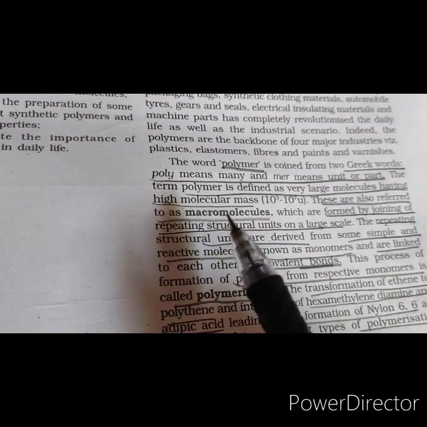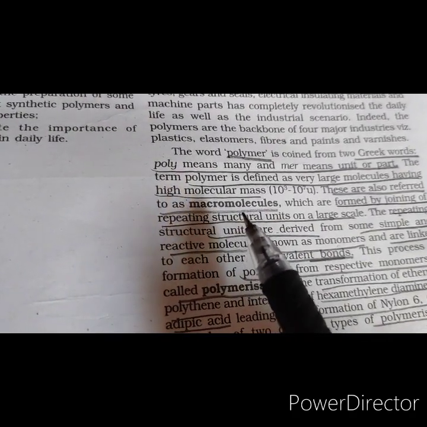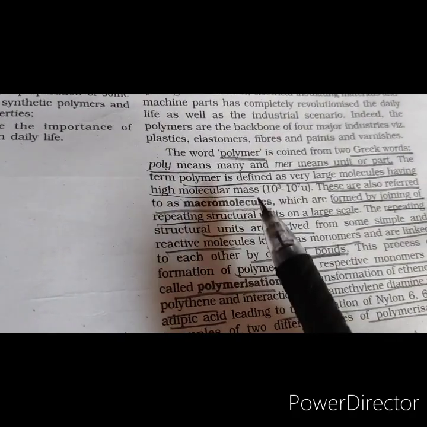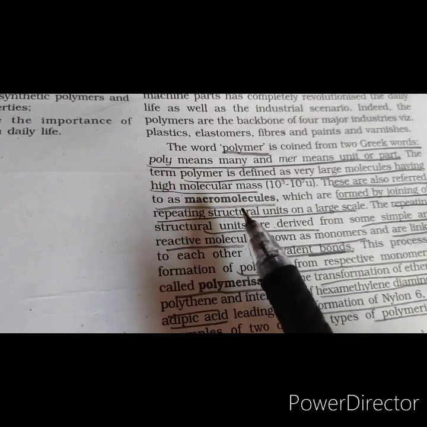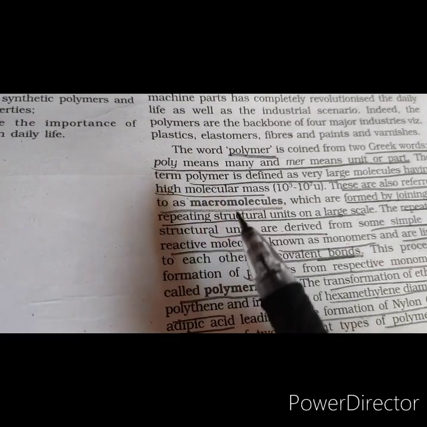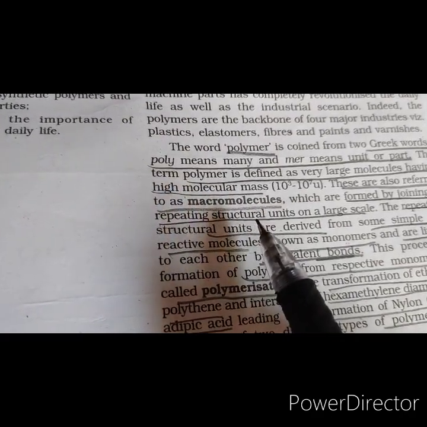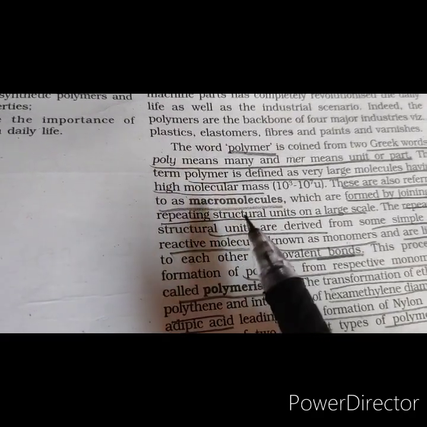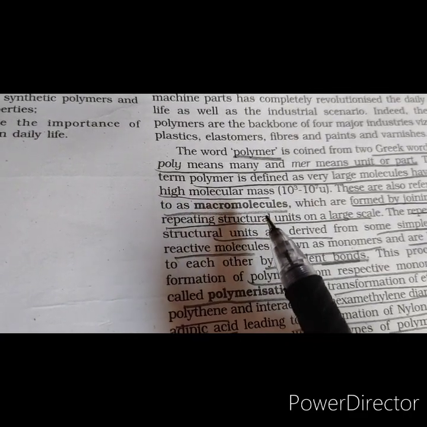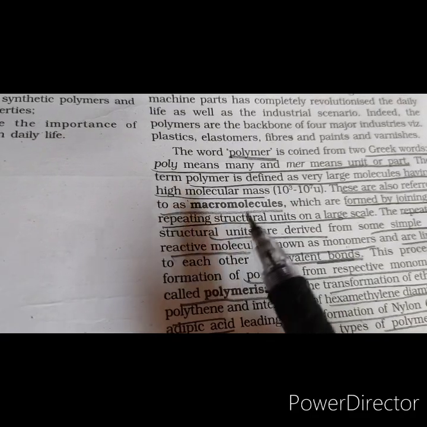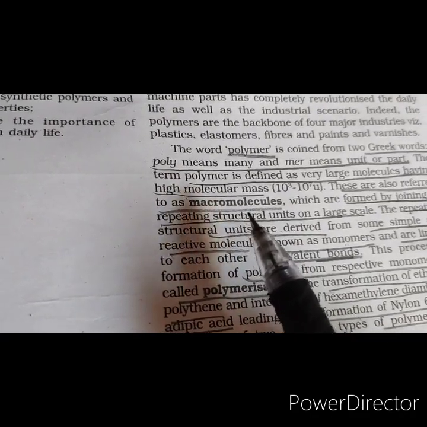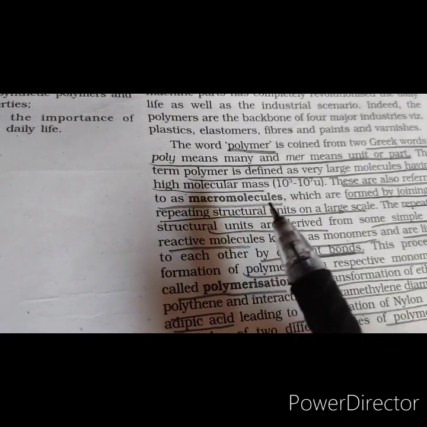Now, an important statement that comes here is all polymers are macromolecules, but all macromolecules are not polymers. See, if you want to classify a substance as a polymer, it should be made up of monomeric units. Now, chlorophyll is also a macromolecule, but we cannot call chlorophyll a polymer because it is not made up of monomeric units.